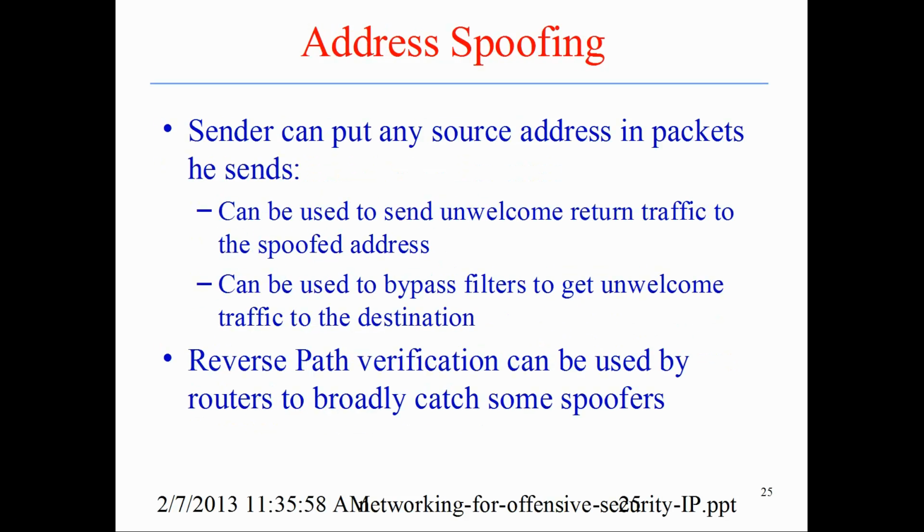So one of the problems security-wise is that any sender can put whatever IP source address they want and send it out on the wire. Unless your network is very well set up, it is hard to restrict users from doing this.